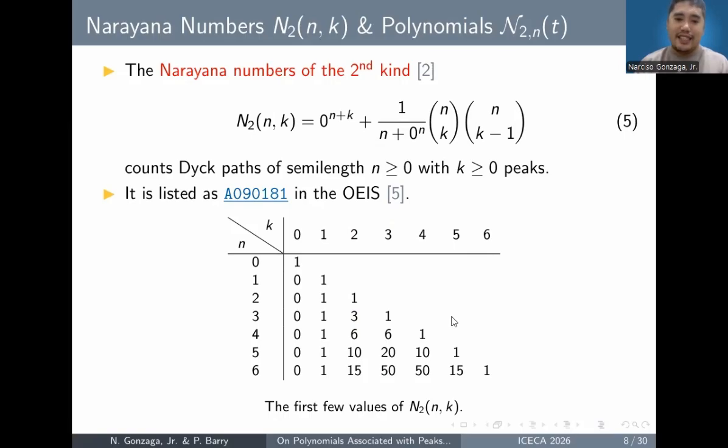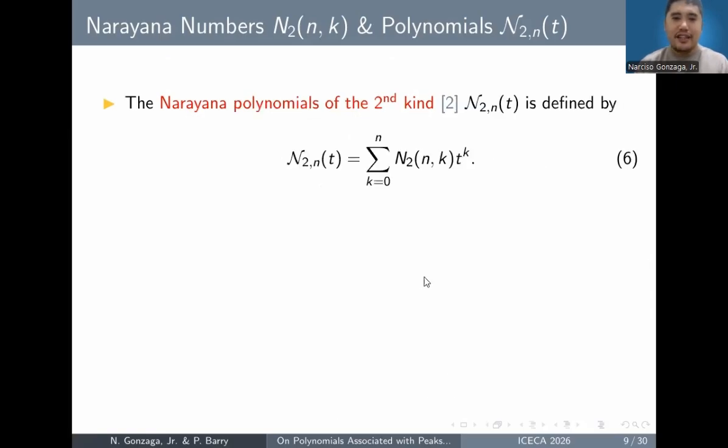A090181 in the OEIS. Well, if you look at the first few values, if you delete the first row and first column, you retrieve the standard Narayana numbers. Only that we include in the counting the trivial path. While the Narayana polynomials of the second kind is defined in equation 6, where its coefficients are the Narayana numbers of the second kind.